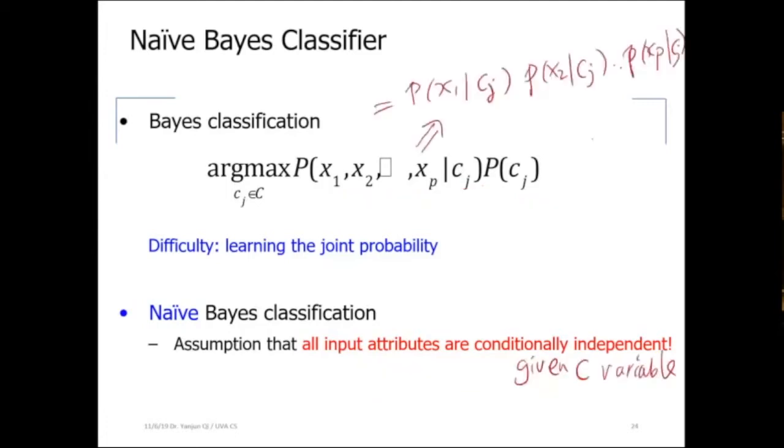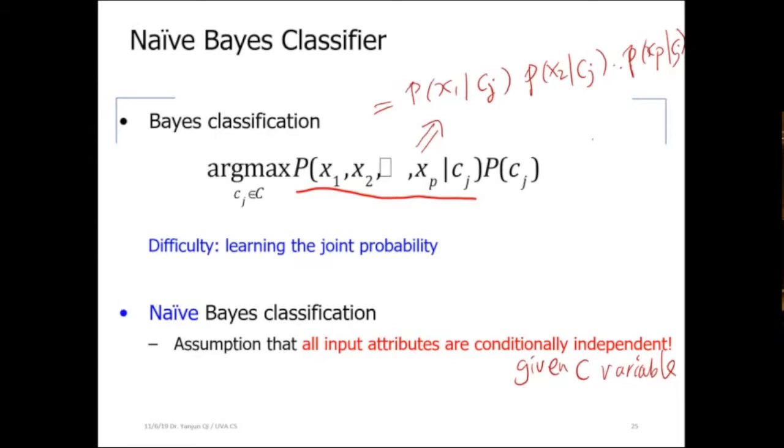Equation-wise, it's really easy. Now we only do this part. This is a joint probability of x1, x2 up to xp when conditioned on cj.